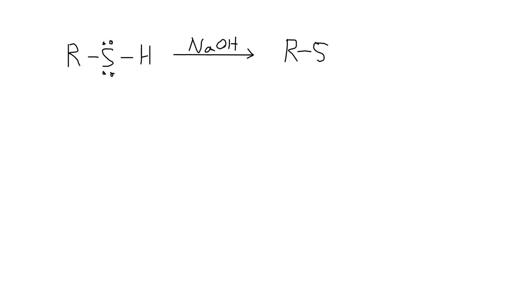So if you ever have something like an RSH, if you put that in the presence of NaOH, sodium hydroxide, or some sort of strong base, you're going to convert this almost completely to the sulfide ion.